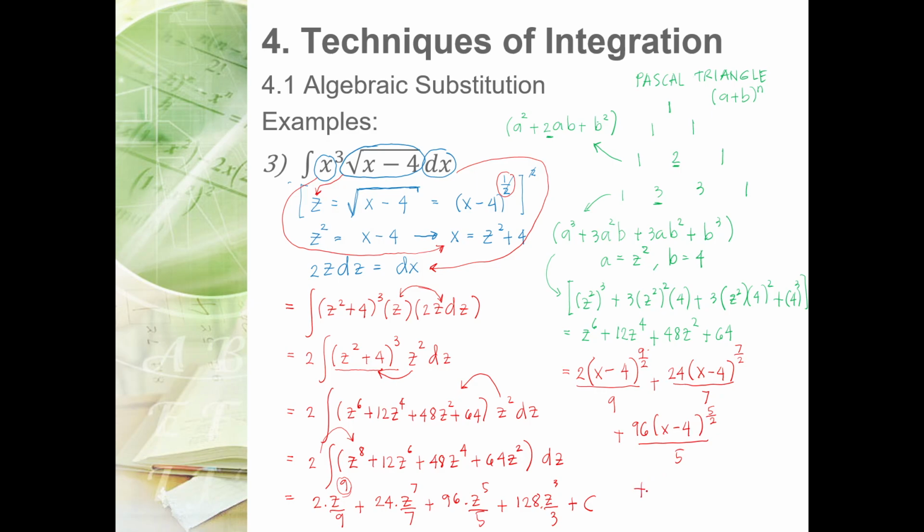Then lastly is 128. I'm trying to fit in everything, so it's hard with the space. x minus 4 raised to 3 halves all over 3 plus c. So this is your final answer.